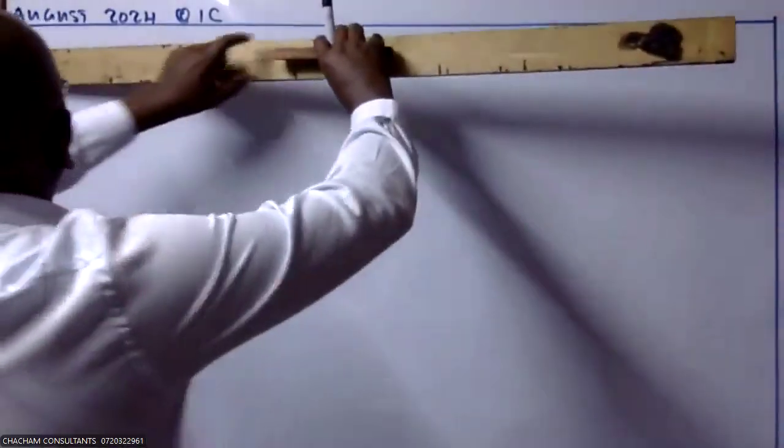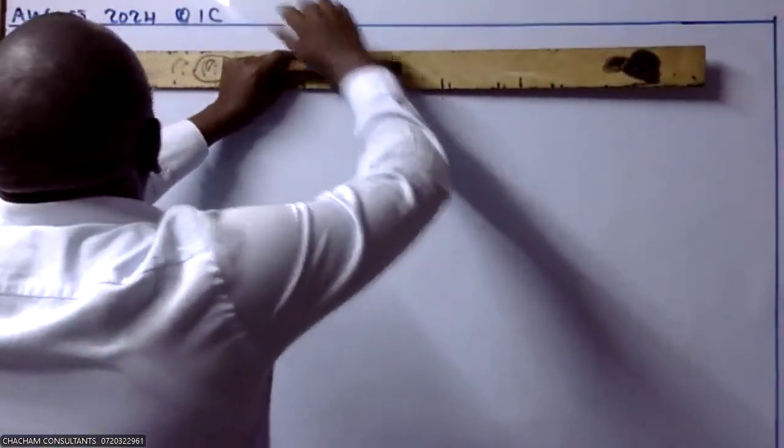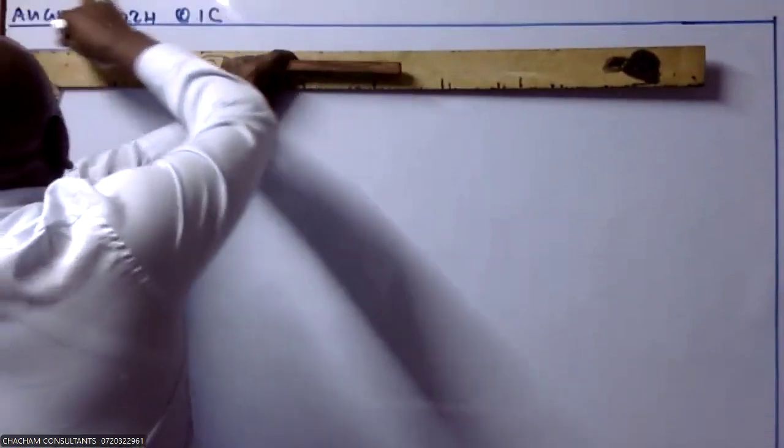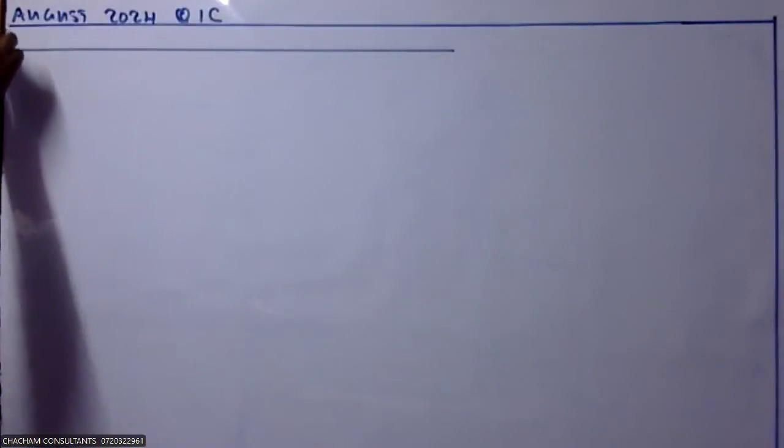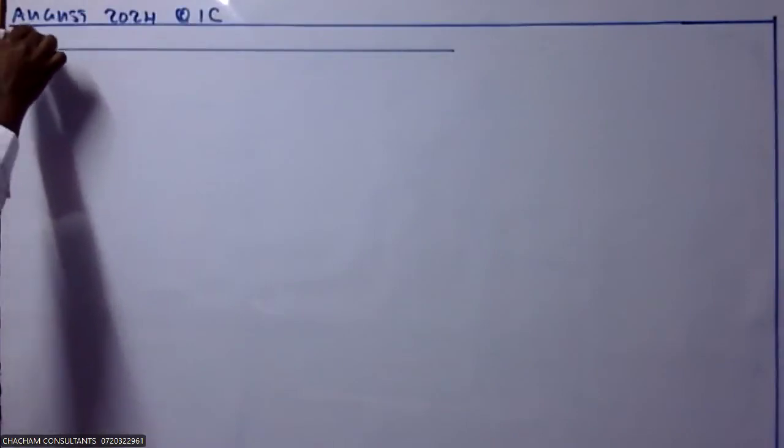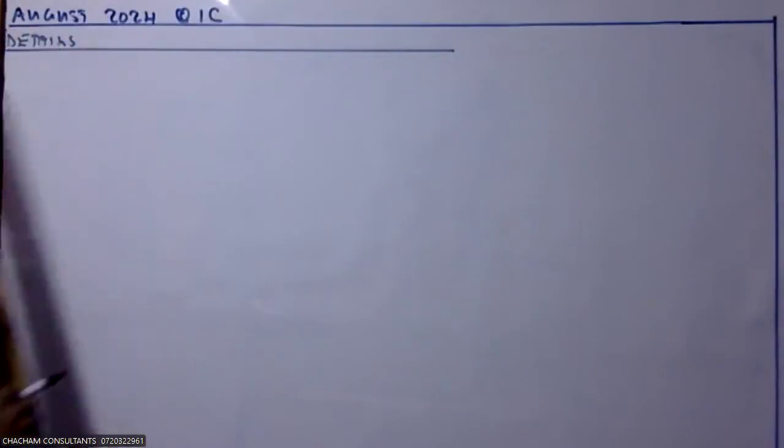And if it is on transfer pricing, we need to come up with the income statement. Now the income statement, we will have the details here.